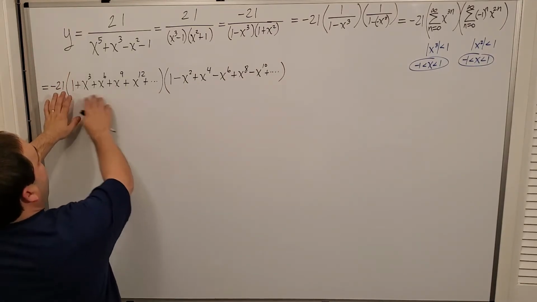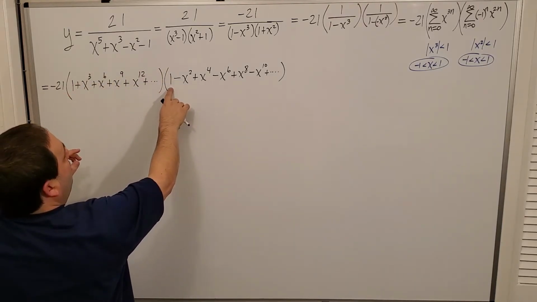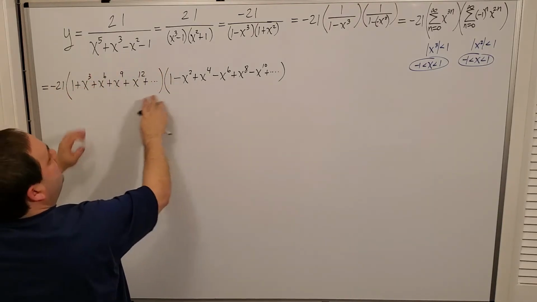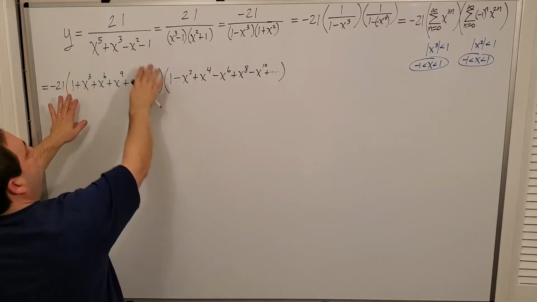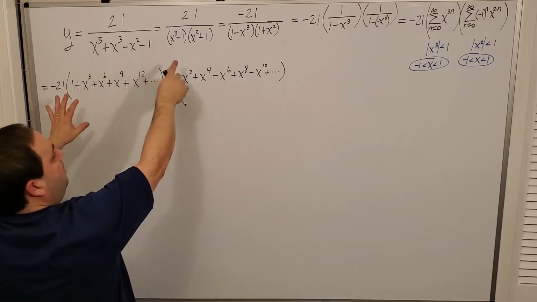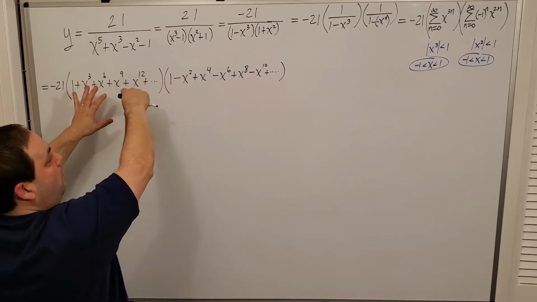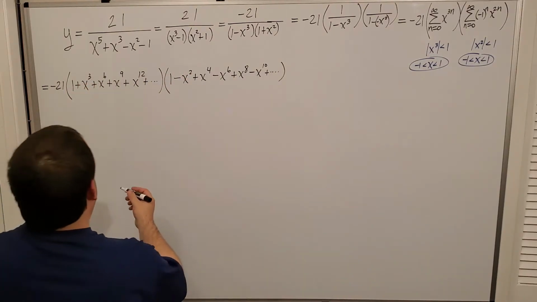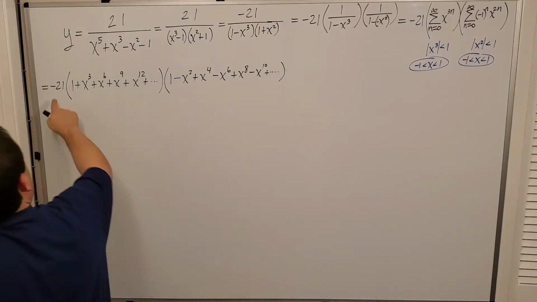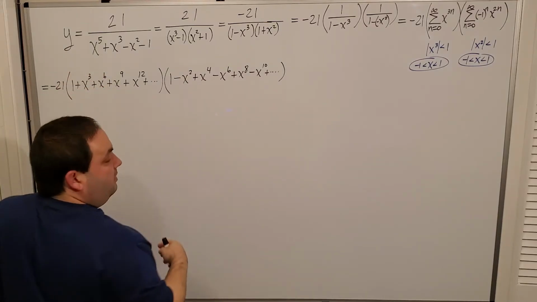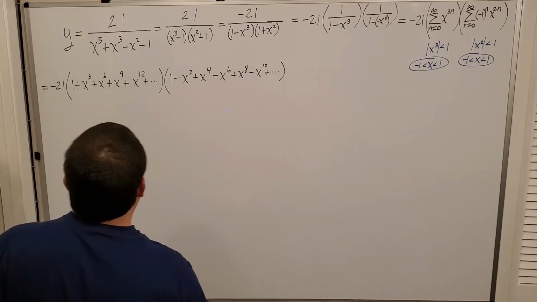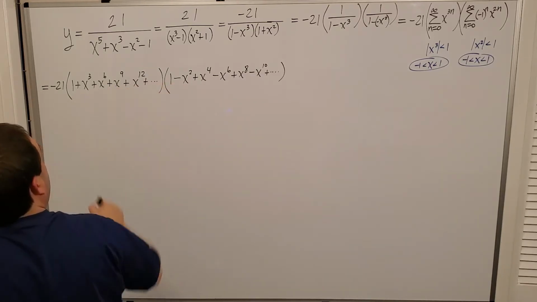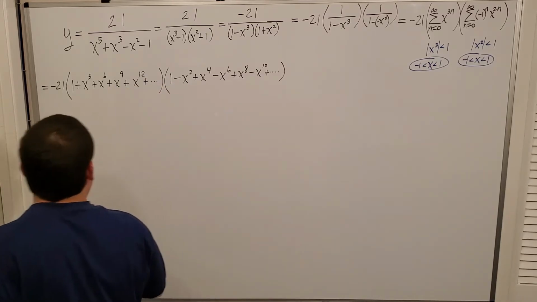I'm going to be doing all of this times 1, and then all of this times negative x squared, and then all of this times x to the 4th, because that's how our multiplications go with these polynomials. You've got a lot of little pieces to worry about here. And then of course at the end I'll have the negative 21 multiplied into it. So for right now I'm just going to focus on the polynomial pieces here.